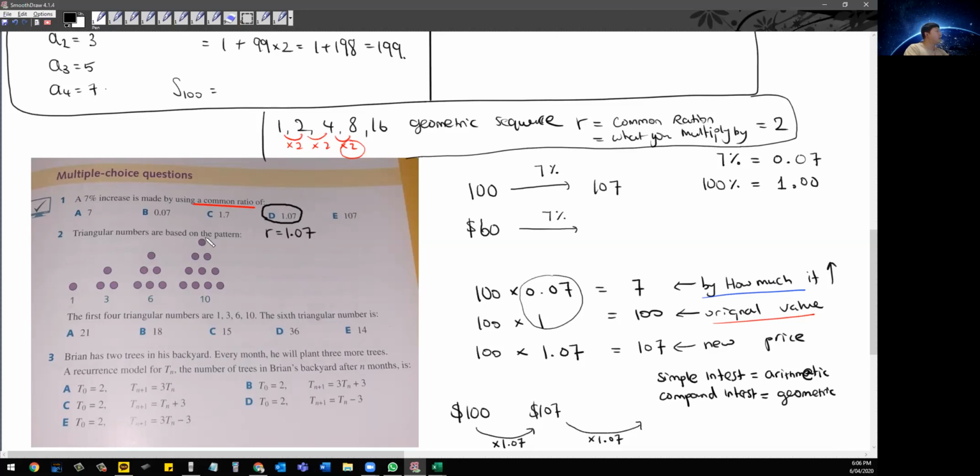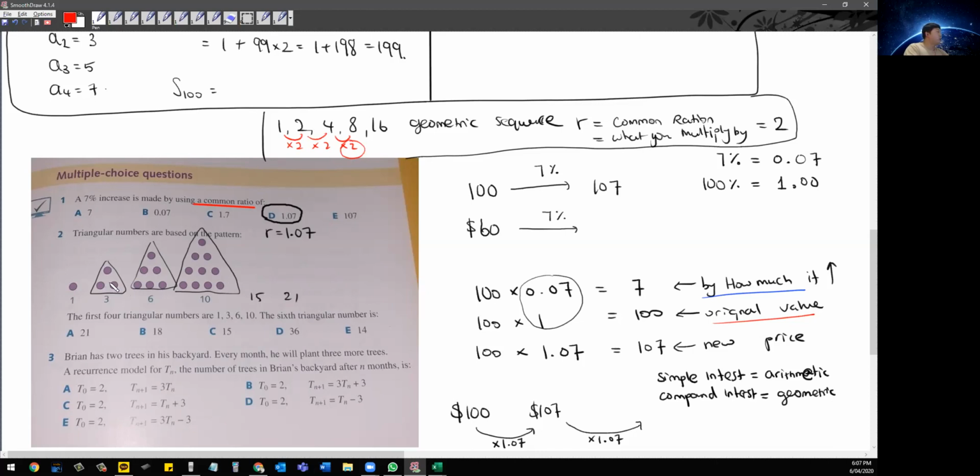Triangular numbers are based on the pattern. You see this one, there's 1 there. Here you have 3. Here you just keep adding 1 level, okay? So the next level will be 5 more than this one, so it'll be 15, and then it'll be 6 more than this one, which will be 21, right?